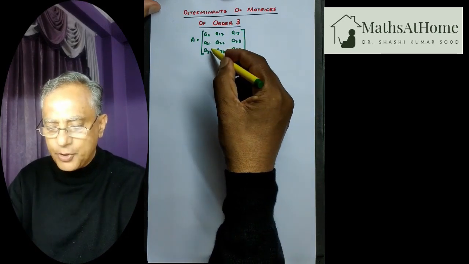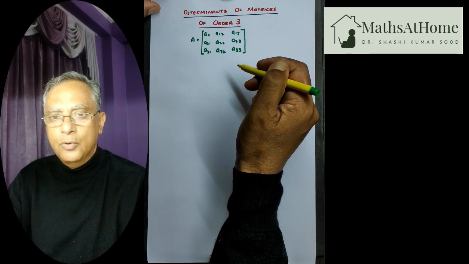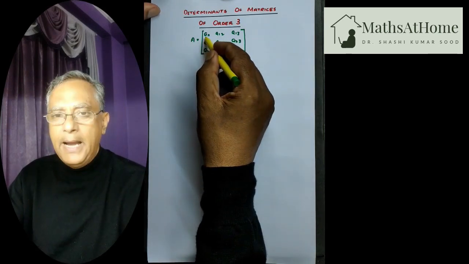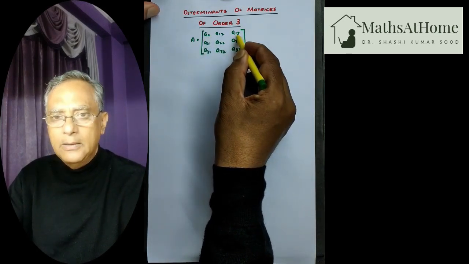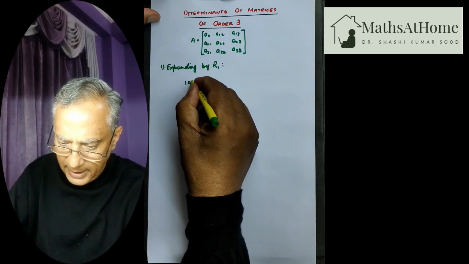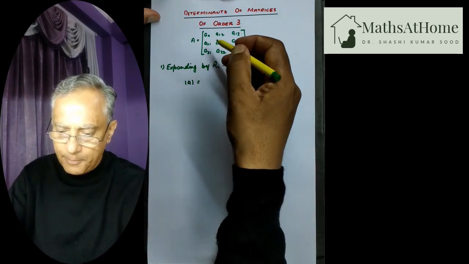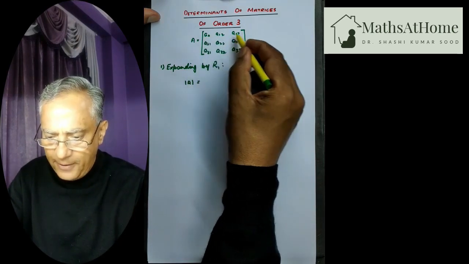So how do we associate to this matrix a unique value? First, say we expand this by R1. That is, we find the value of the determinant by expanding it from row 1. Now the procedure is, this is the first row.